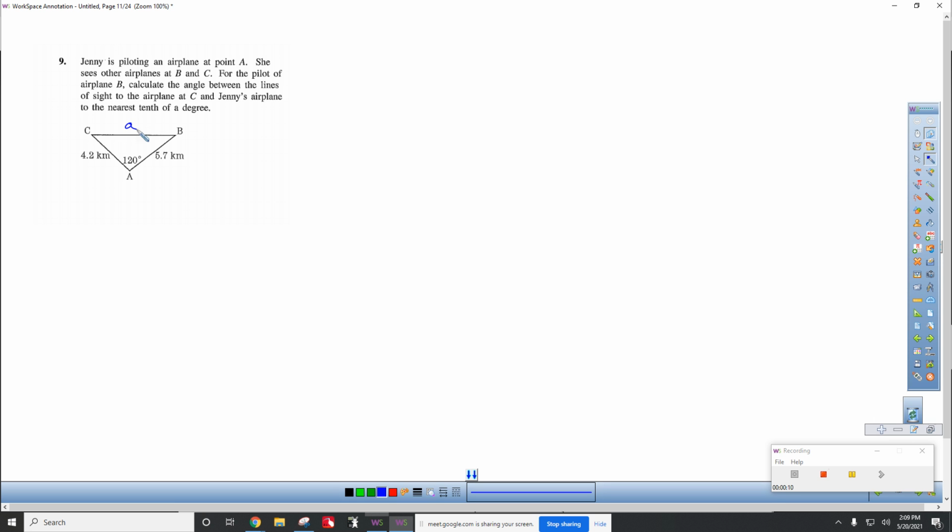In this one, we have to find that first. That's what I've deduced. So we could say a squared is b squared plus c squared minus 2bc cosine of a. Now, why did I pick that? Well, because I'm going to need all of the sides to find the missing angle. And here I have everything else other than a.